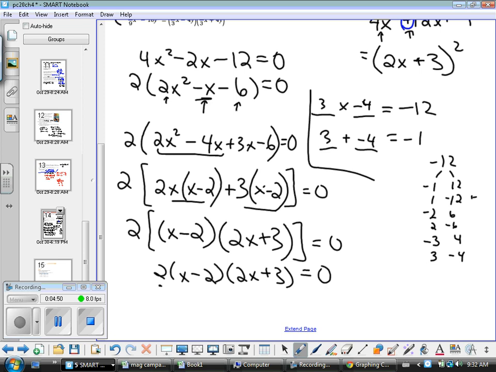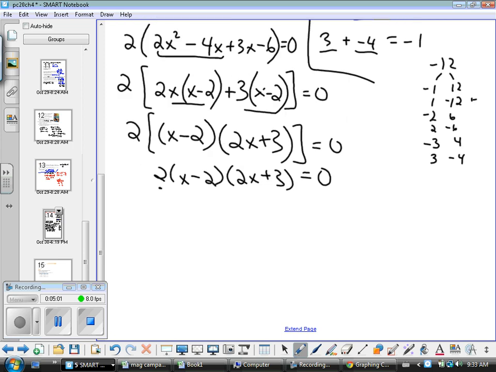Now the reason why we do this when we're factoring is that when you actually group, you're going to be able to tell what the intercepts of your equation are from these factors. Because y is going to be equal to 0 when either this factor is 0 or this factor is 0. So when x minus 2 is equal to 0, solving for x, x equals 2, that's going to be one of your intercepts.